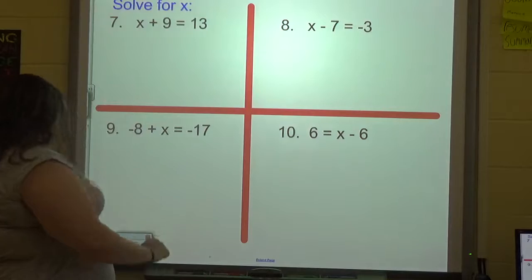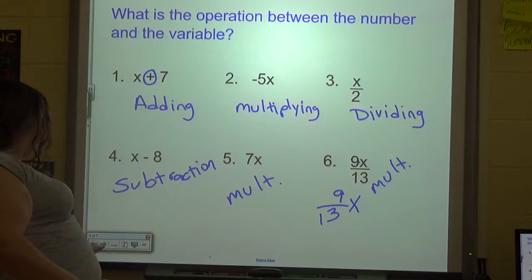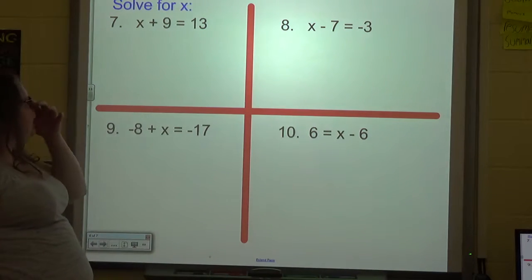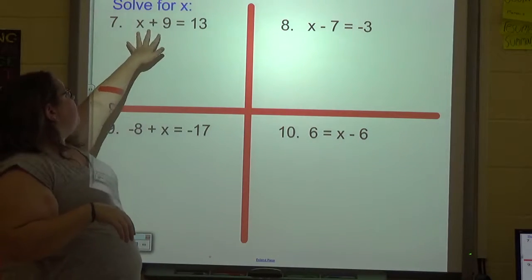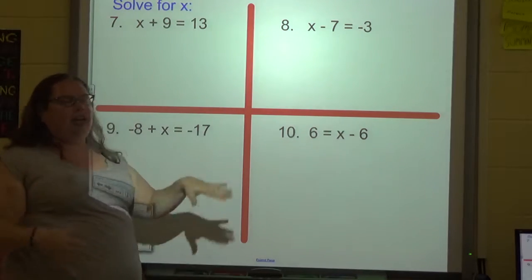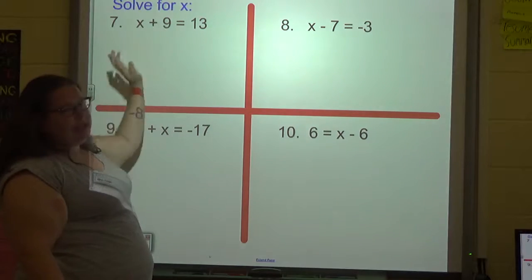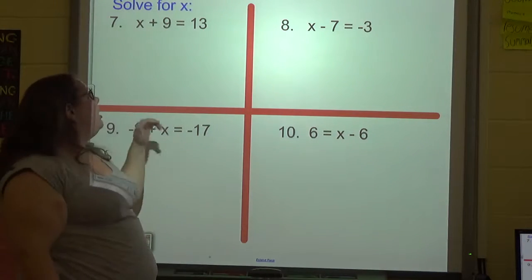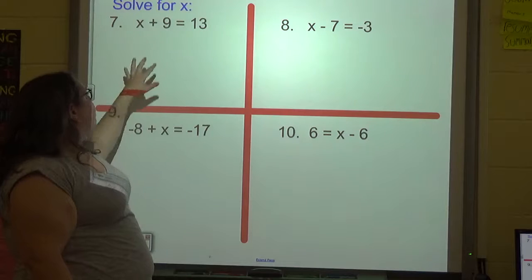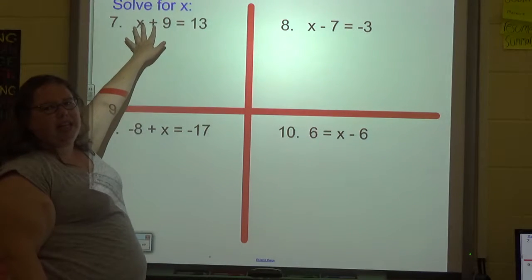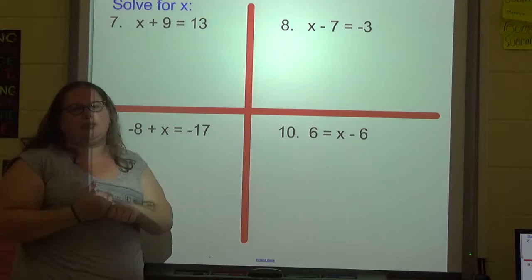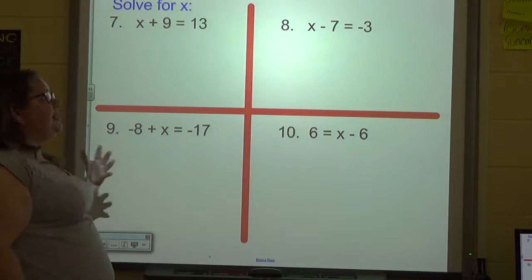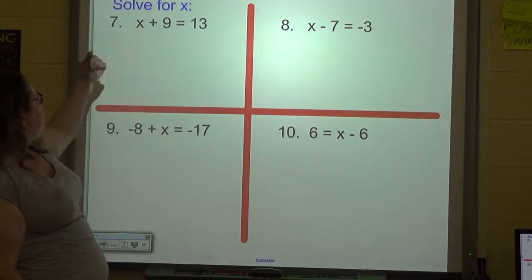Alright, so number 7. We're going to solve for x. The whole idea here is we want to get x by itself. X has stuff on the same side of the equal sign, and it doesn't want anything next to it. We want to figure out what x represents. Now a lot of students complain, they say, well, I can just do that in my head.